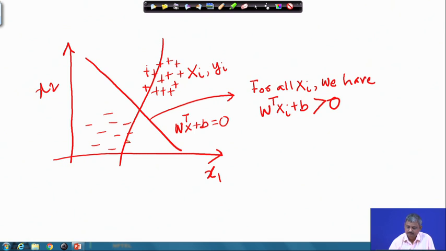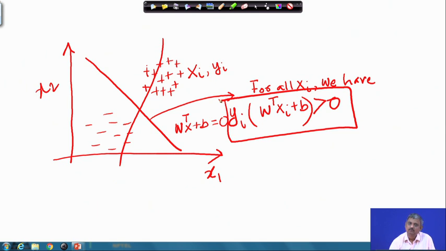Sorry, don't copy this. Write this down. This is the condition: the sign of yi and this quantity should match. This I will call condition 1.